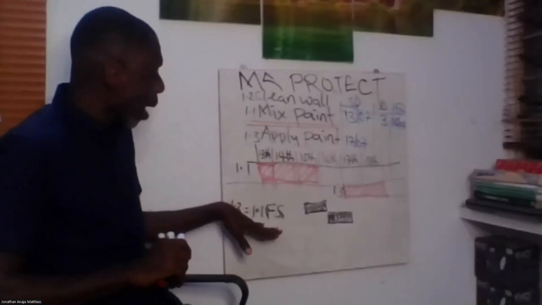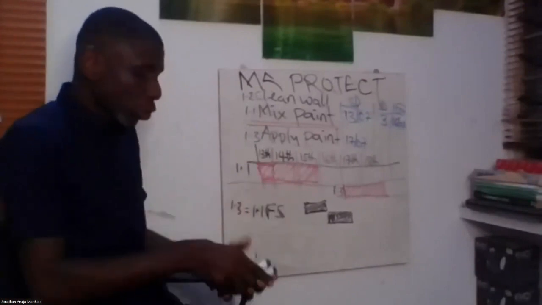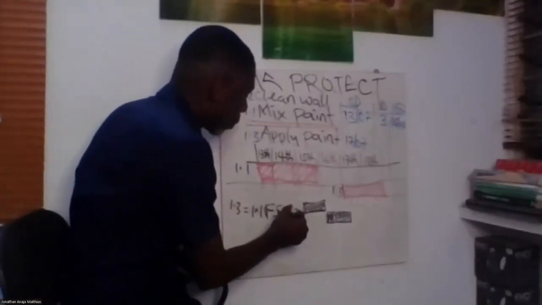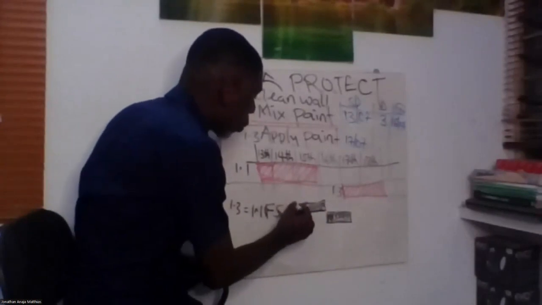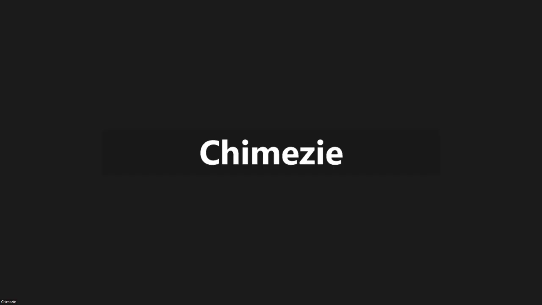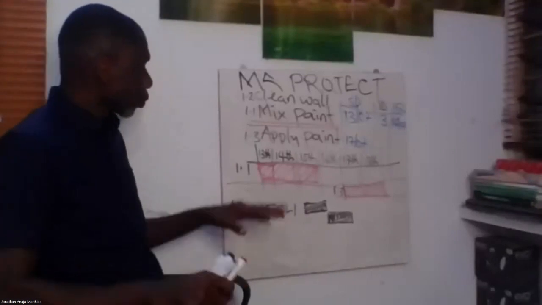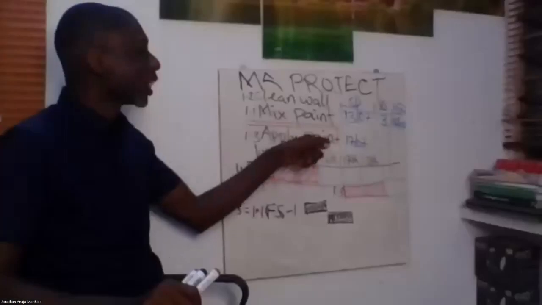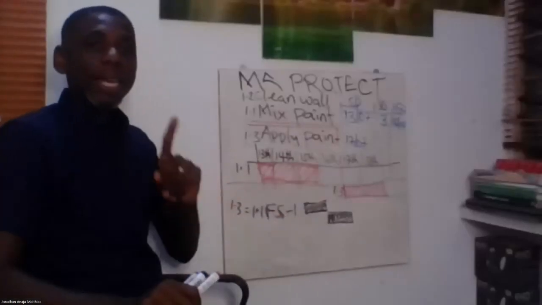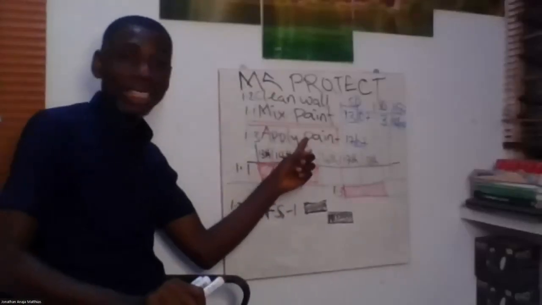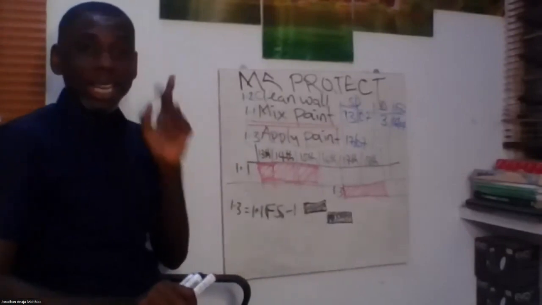You will now say 1.1 finish to start. You will now put minus maybe 1. You know what this means? It means I want to advance application of paint in relation to mixing of paint by 1 day.